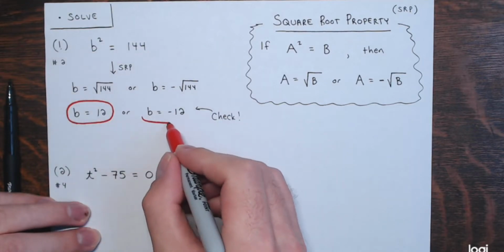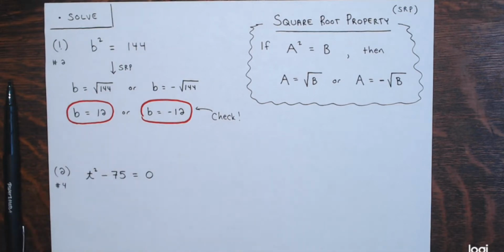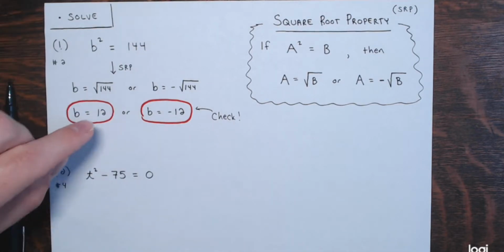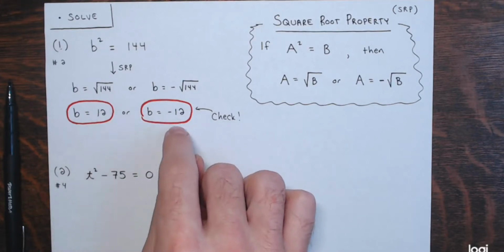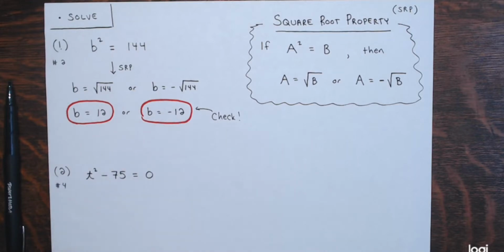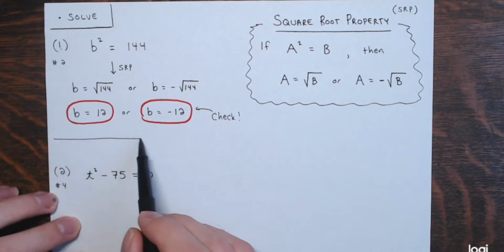So this is a solution as well. And we're done. The solutions of this equation are positive 12 and negative 12. You could also write plus or minus 12, but I'm going to separate them. Wonderful. Very, very simple, in my opinion.